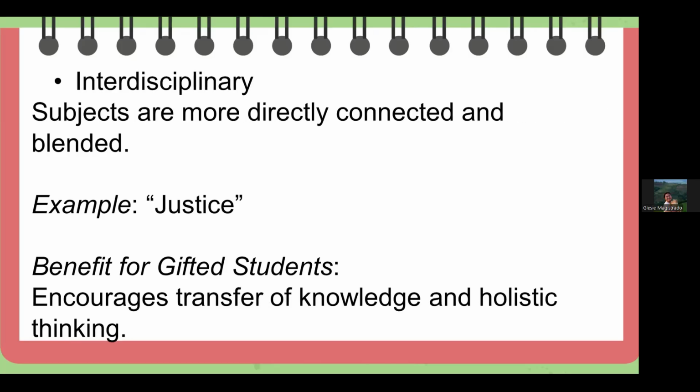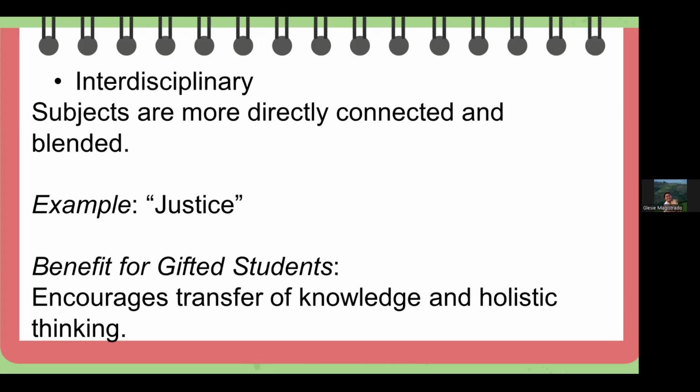Next, we have interdisciplinary, where subjects are more directly connected and blended. For example, justice. When we say justice, it also depends on what justice portrays. In history, justice is about civil rights.